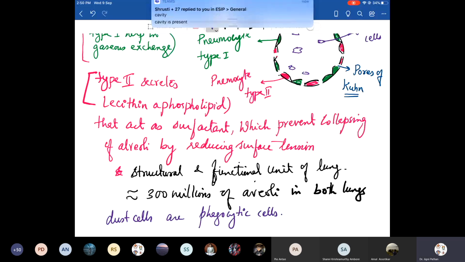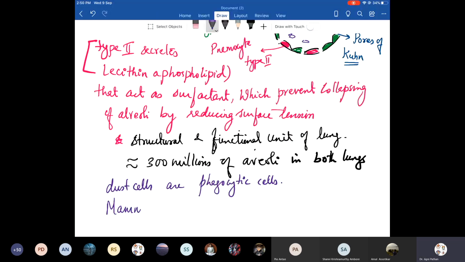Sanjana says cavity, Shushti says cavity. Everybody will say cavity, but no cavity. Mammalian lungs are solid and spongy. There is no cavity.